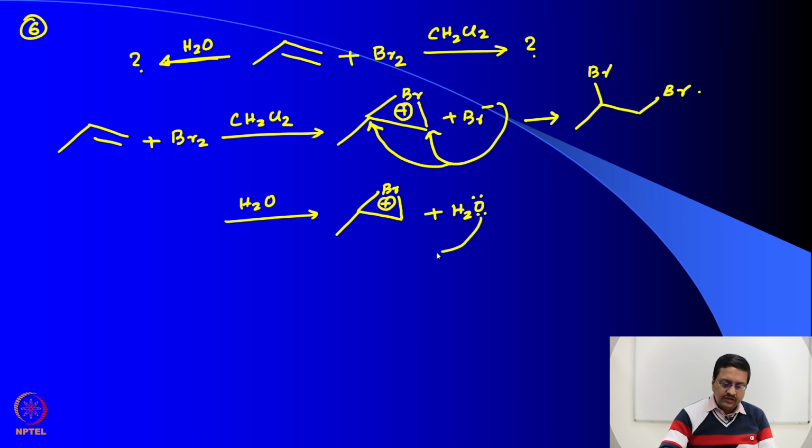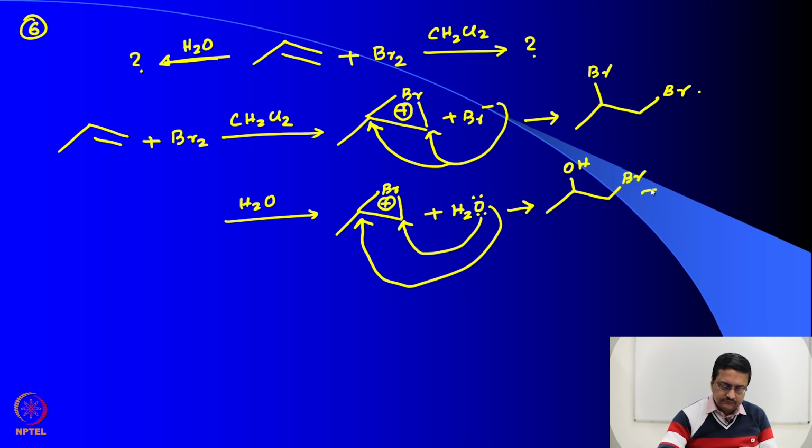So this water molecule can either attack on carbon 1 or it can attack on carbon 2 and result in 2 different compounds. Of course, this happens after elimination of 1 proton from the water molecule to make this a neutral compound.